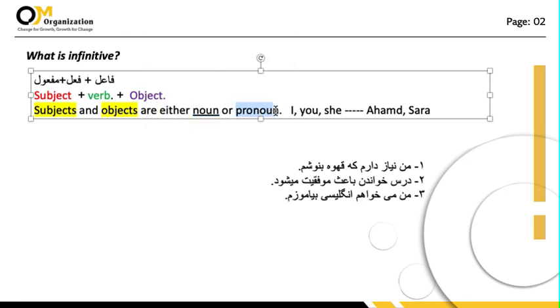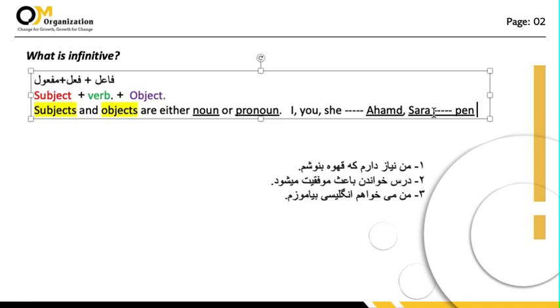Noun like Ahmad, like Sarah, like pen, pencil, wall, door, chair, cousin, uncle, mother. They're nouns.